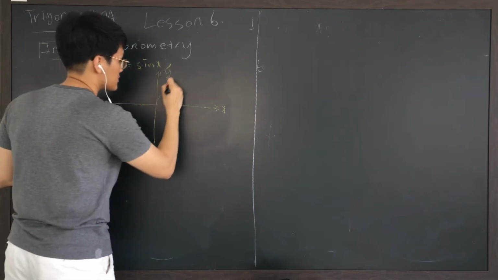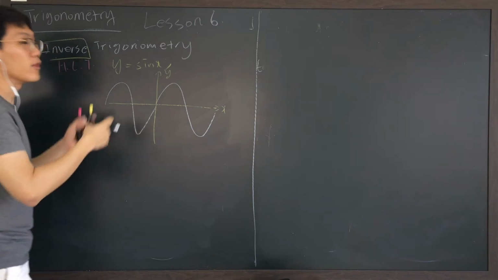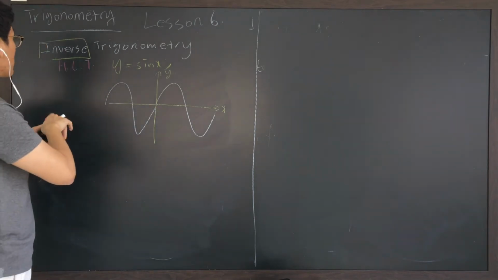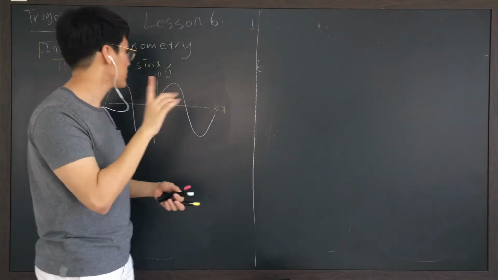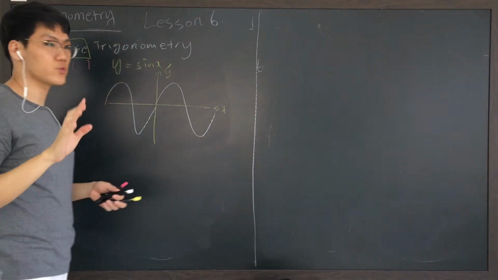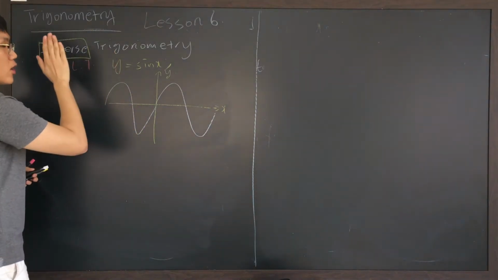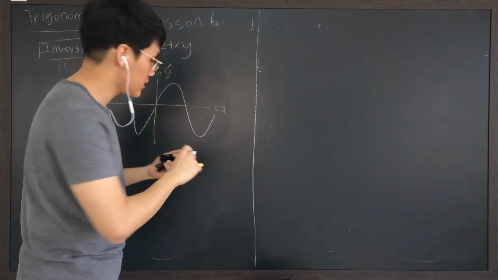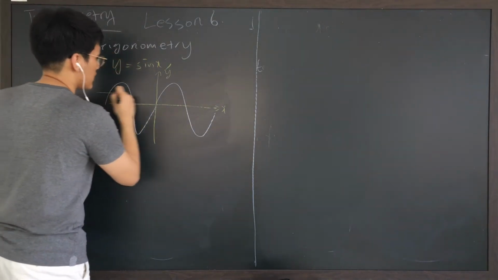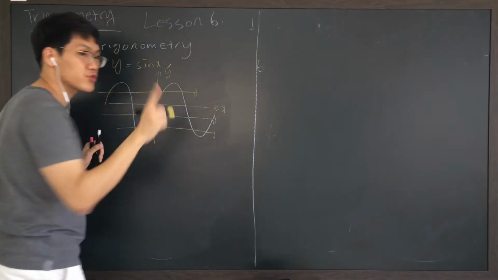I have sine x in such a way like this, and obviously, according to the horizontal line test, this wouldn't work, right? That means we need some restriction on the domain, because for this function to have one value of x for one value of y, if I draw the horizontal line here for the horizontal line test, I need to restrict the domain.